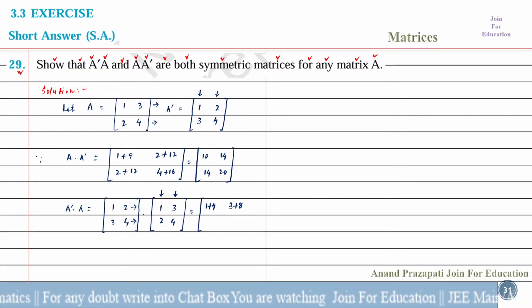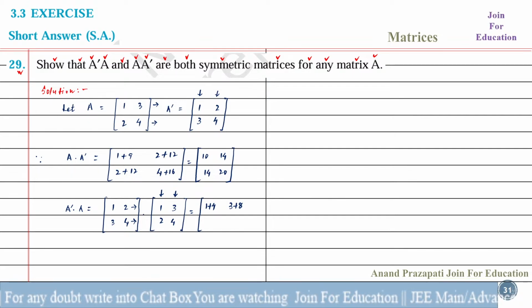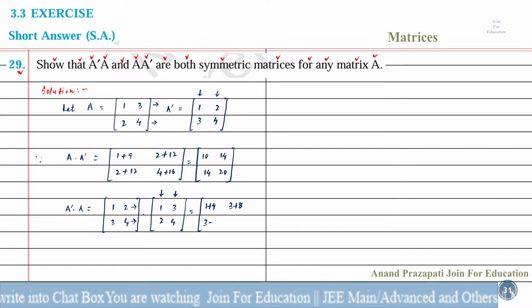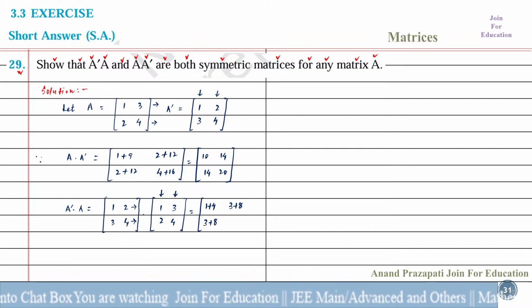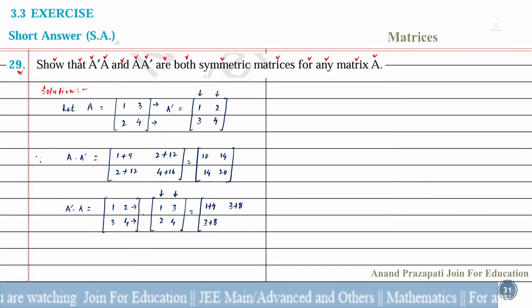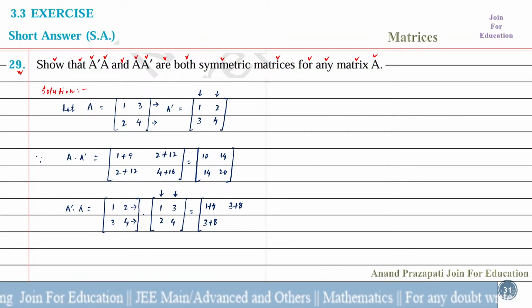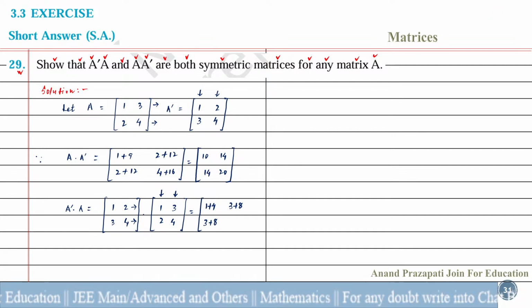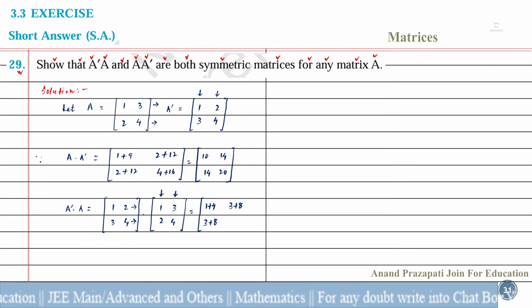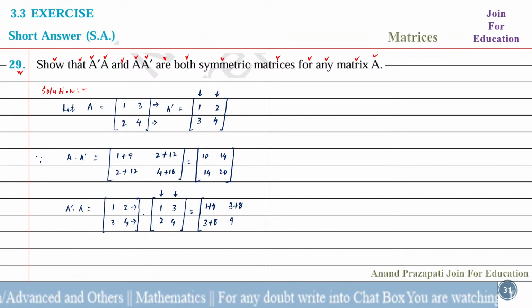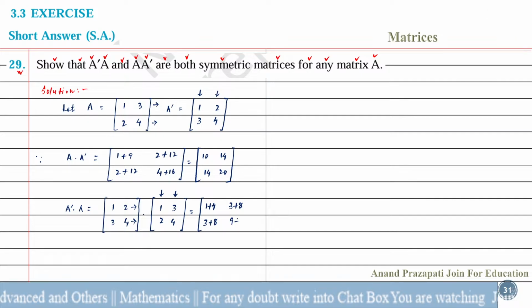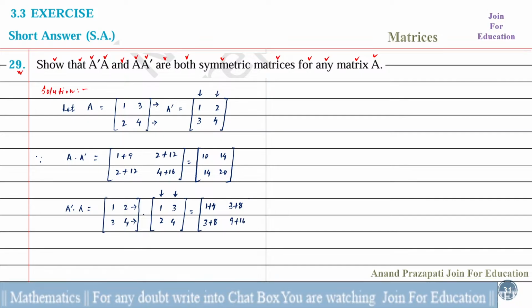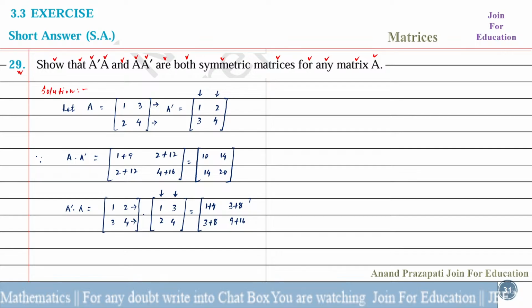Then we get here 3 plus 8, and 3, 4 multiplied by the corresponding element of 3, 4. Then we get here 9 plus 16. Hope there is no problem to understand up to this step.